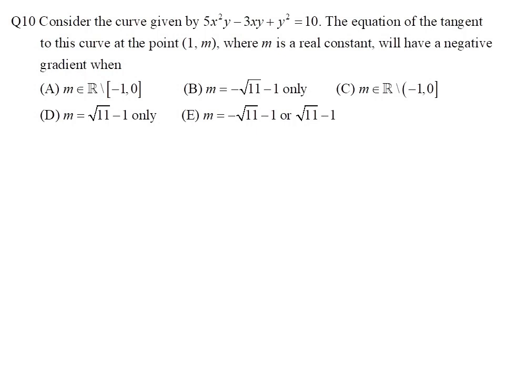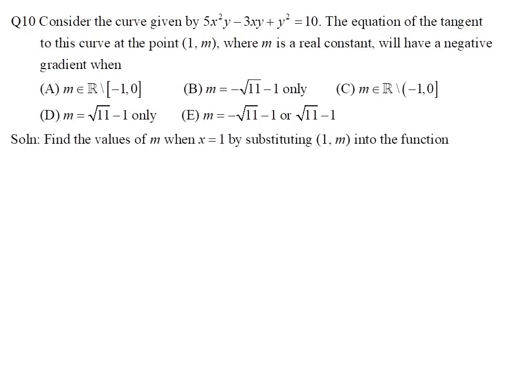In question 10, we are given the equation 5x squared y minus 3xy plus y squared equals 10, and asked under what circumstances the tangent to this curve at the point (1, m) will have a negative gradient. Here m is a real constant.